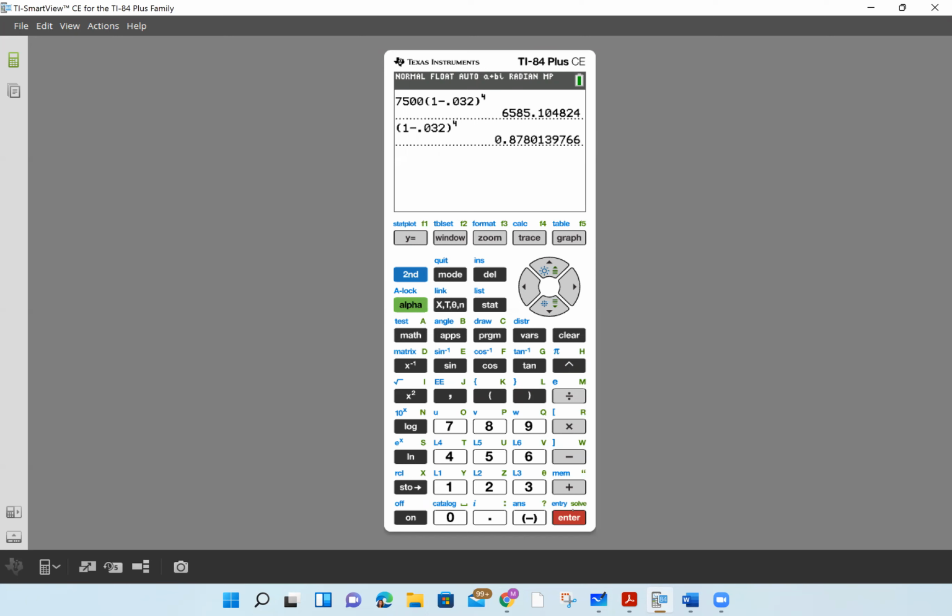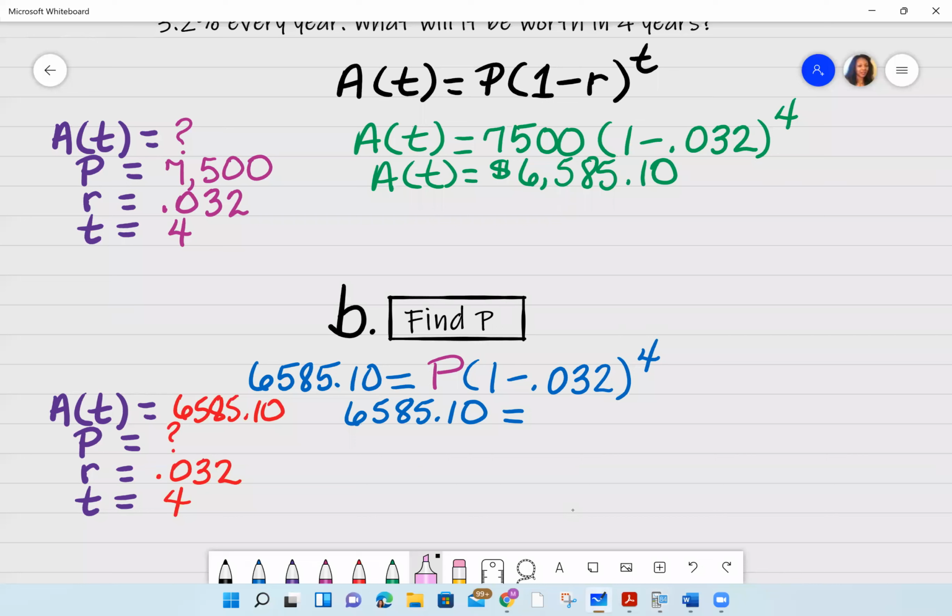And when I do that, I notice that I have 0.8780. I'm only going to go 4 places after the decimal. So let's write that down: 0.8780, but I had a P above. So I want to make sure that I divide both sides by what's stopping P from being by itself, which is that 0.8780.